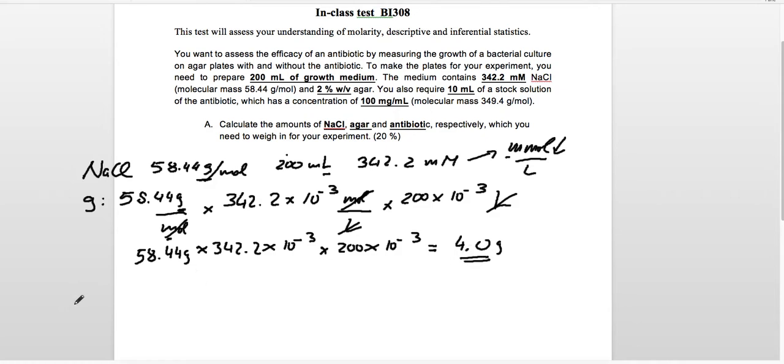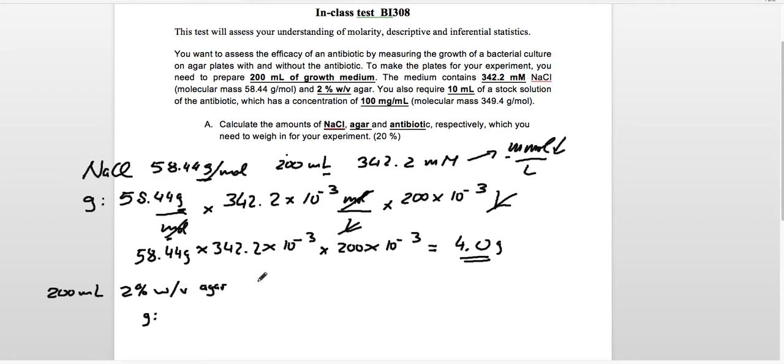Now we also need 200 milliliter of a 2% weight per volume agar to solidify the plates. So again, we need to find out grams of agar that we have to weigh in.